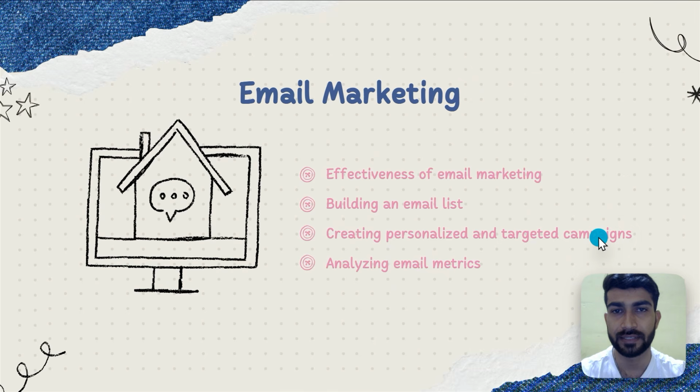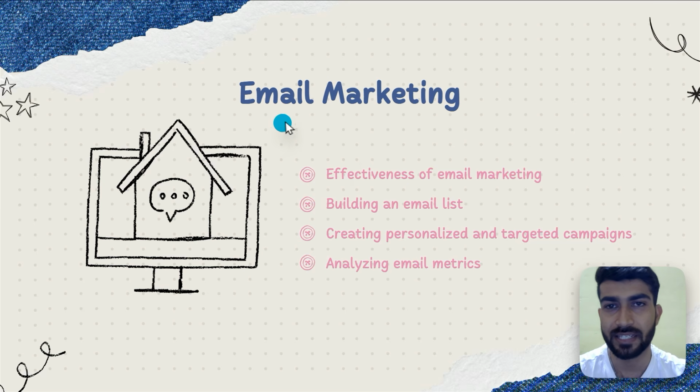Okay, what is next? Next is email marketing. Email marketing is a different stage. First you create a website. Second, you create the social media pages, like an Instagram account and a Facebook page, for the same business for which you created the website. So it is a circle.